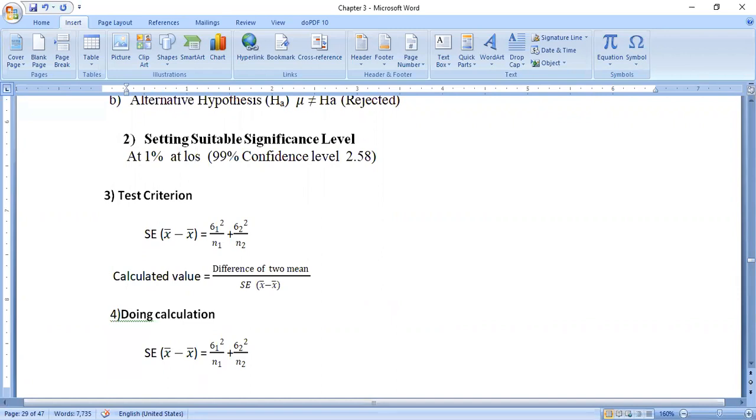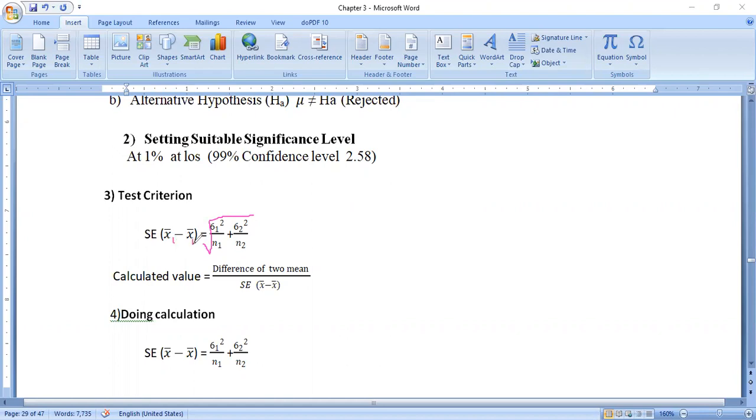The first formula is the standard error of x bar 1 minus x bar 2 is equal to the square root of standard deviation 1 squared divided by n1 plus standard deviation 2 squared by n2. Okay, this is the first principle.